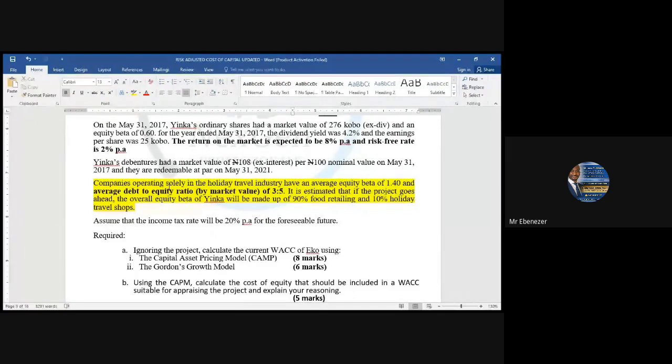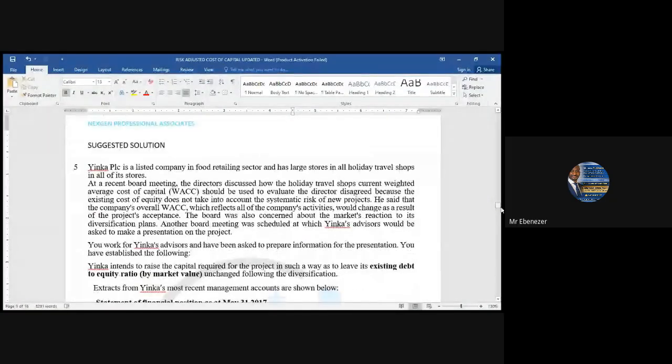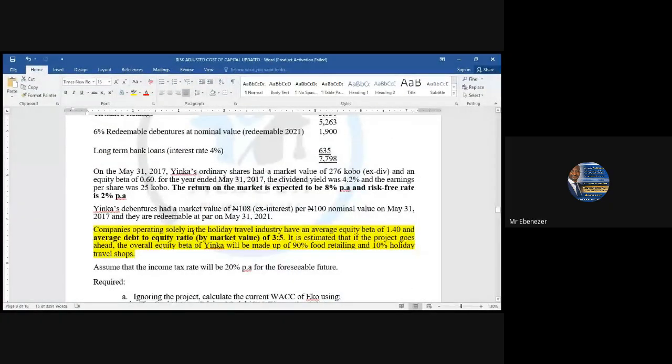So meaning that this company, they are into just the food retailing sector, and they now want to diversify into holiday travel. And that is the reason why the examiner gave us this information.